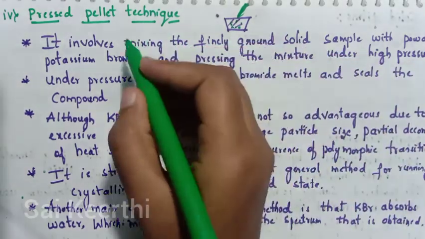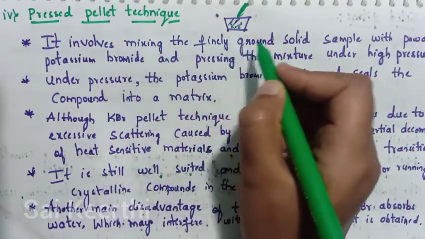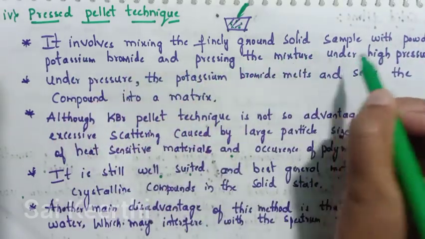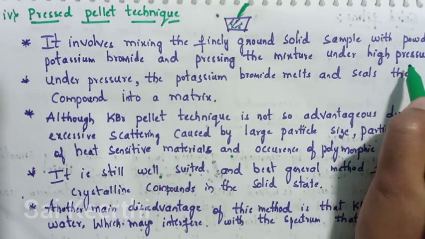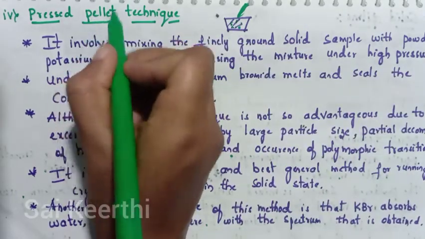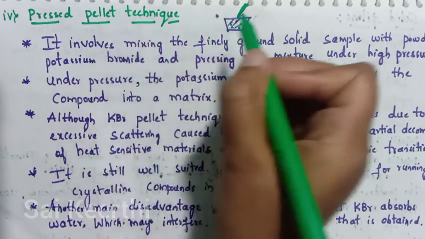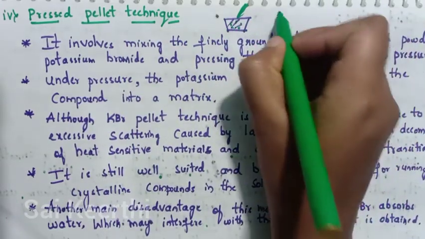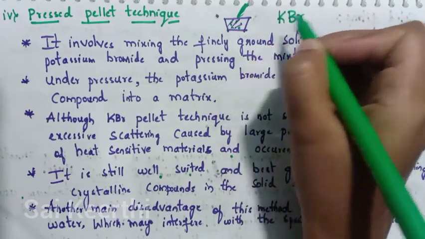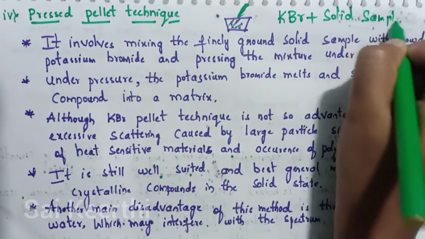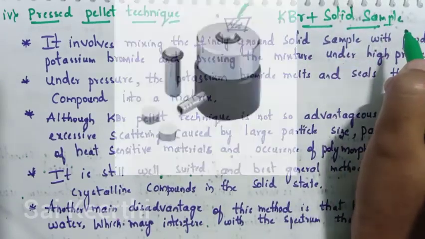Here we are mixing the finely ground sample with powdered potassium bromide and pressing the mixture under high pressure, that is with the help of a hydraulic press. See the image of the hydraulic press. Here we are making the pellets of KBr. After making the powder of this solid sample, we have to mix it with KBr, and see the image of the die there.